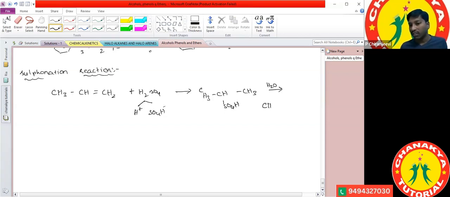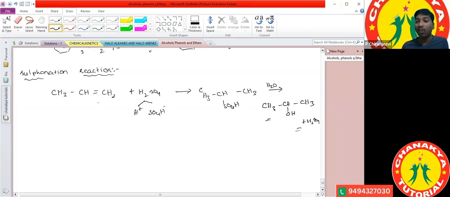So we get CH3-CH(OH)-CH3 plus H2SO4. Simply this we can call an acid hydrolysis reaction, that means the reaction is carried out in the presence of acid. So acid hydrolysis also forms alcohols.